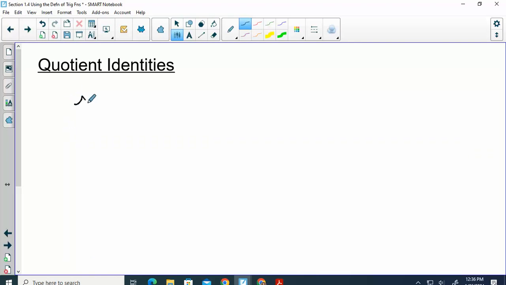So if I asked you, what is sine divided by cosine equal to? So let's think about our definitions. What is the definition of sine? What's the definition of cosine? How do we divide fractions?